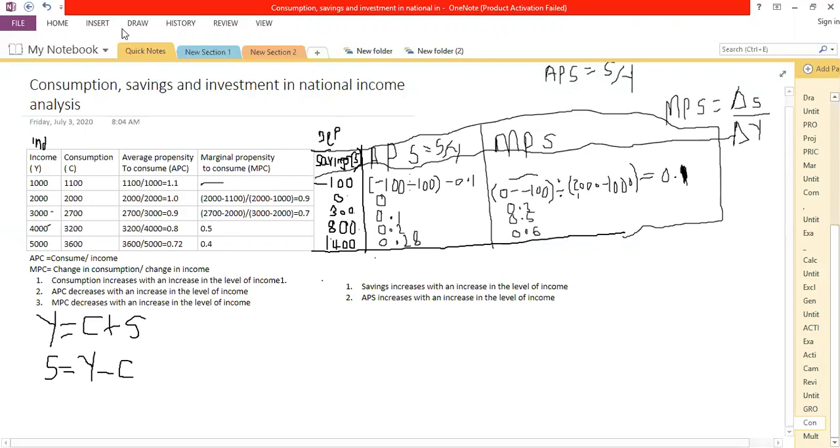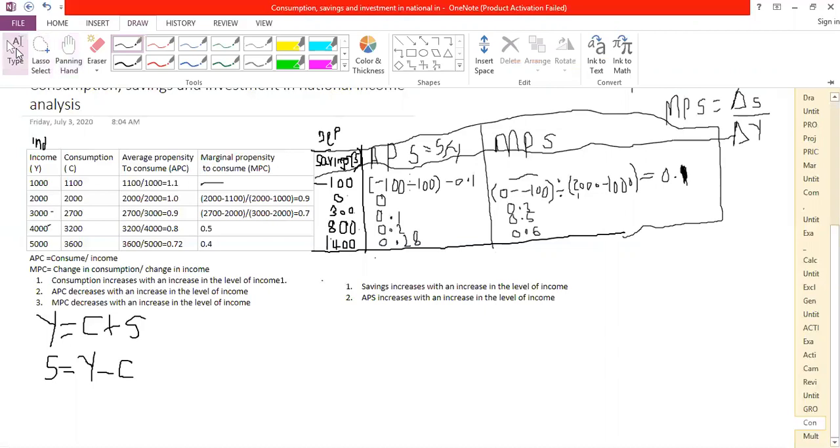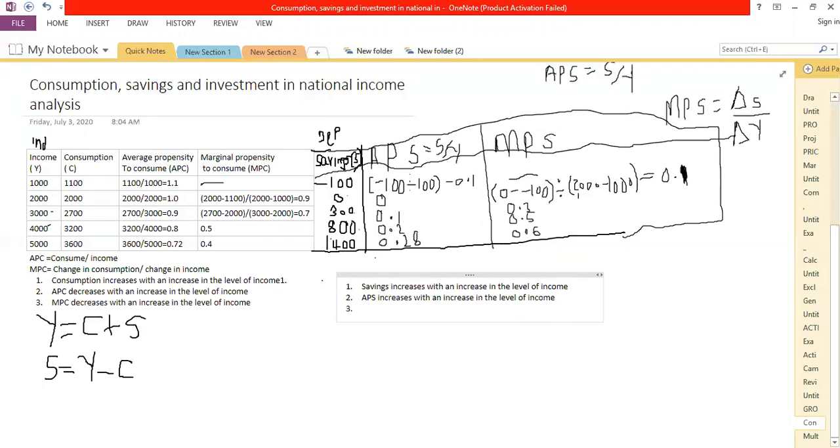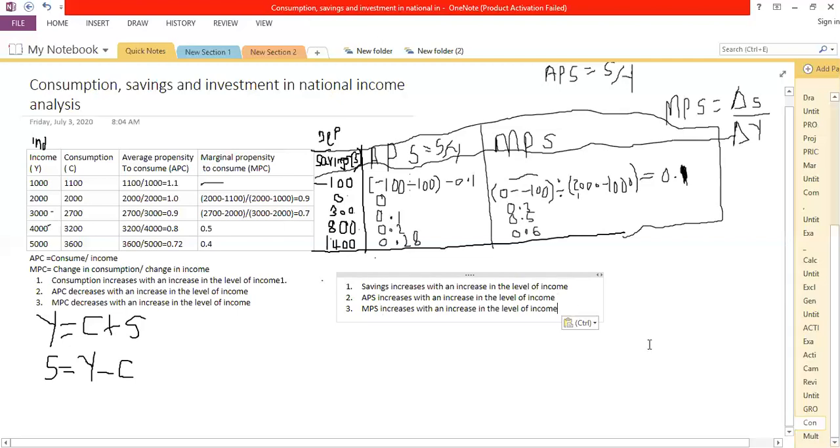So again, we can make that remark upon how we observe the marginal propensity to save when it is related to the level of the income. The MPS, again, increases with an increase in the level of the income.